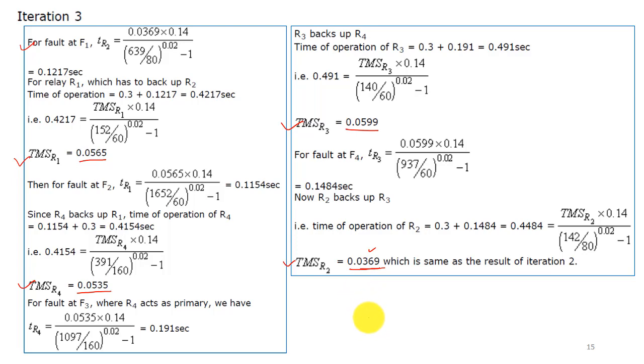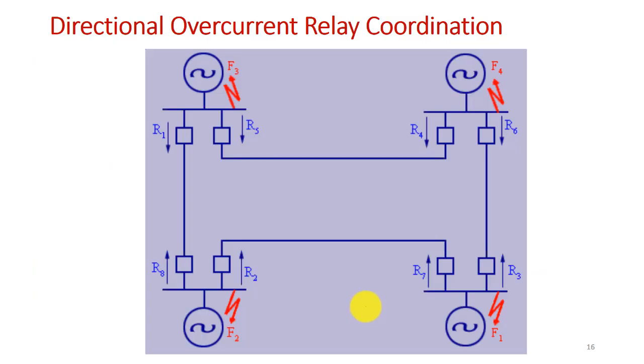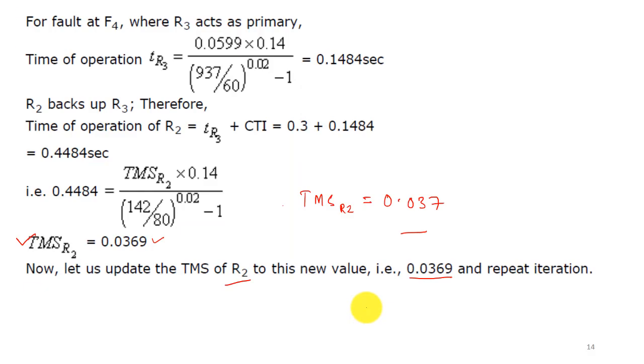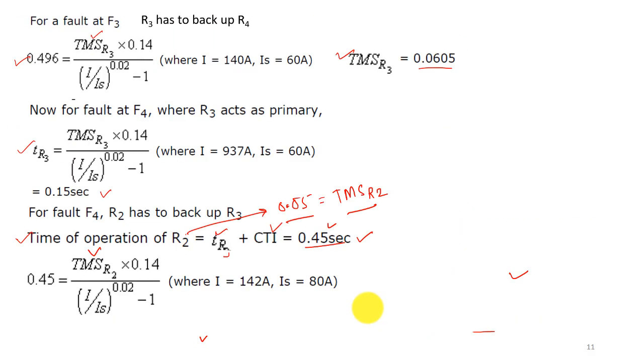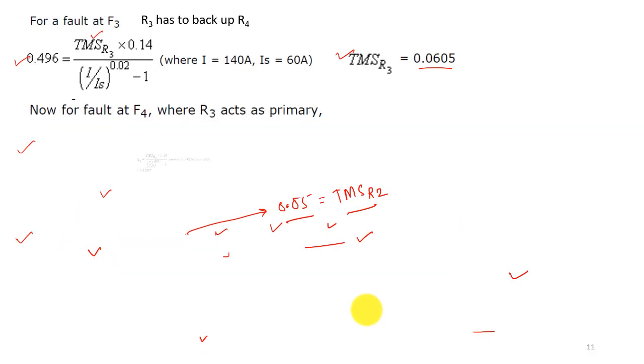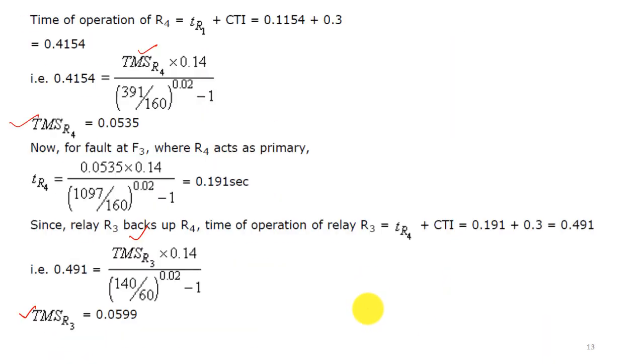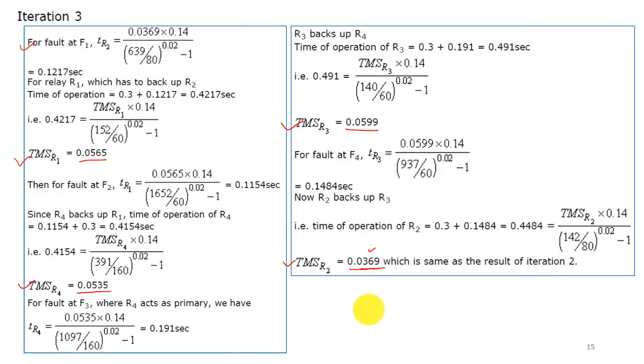Okay. Now we'll consider the clockwise direction. Now again we will consider the clockwise direction and we will find the settings for the rest of the relays, that is R5, R6, R7 and R8.